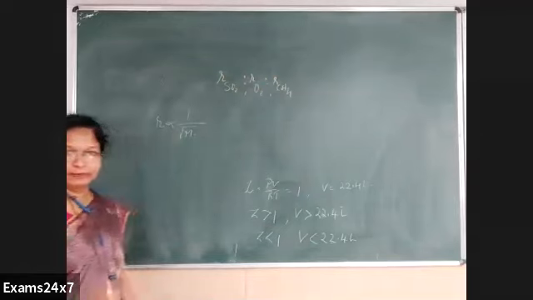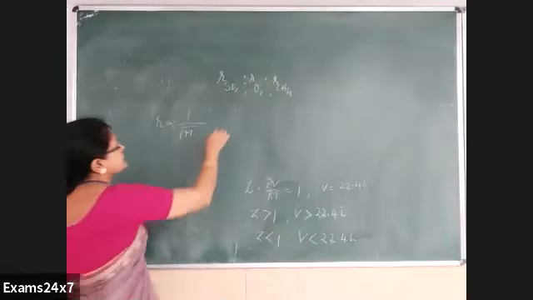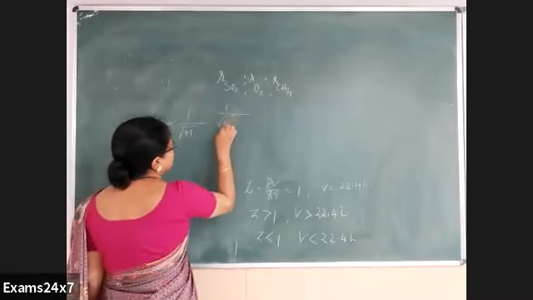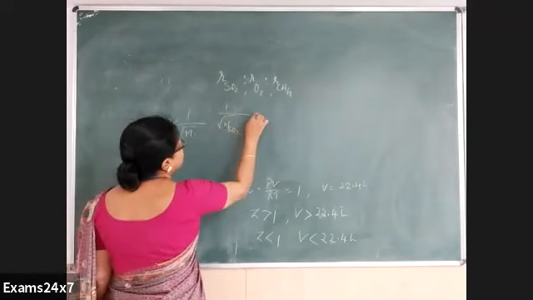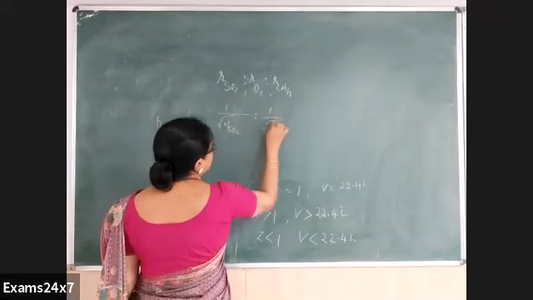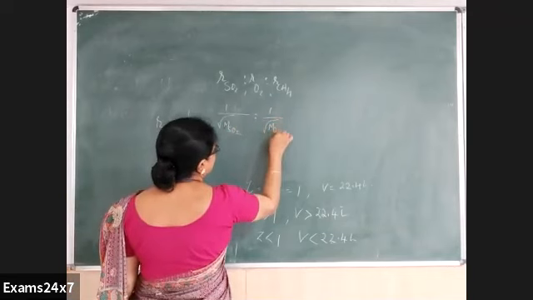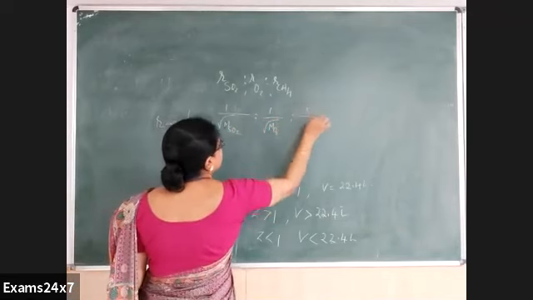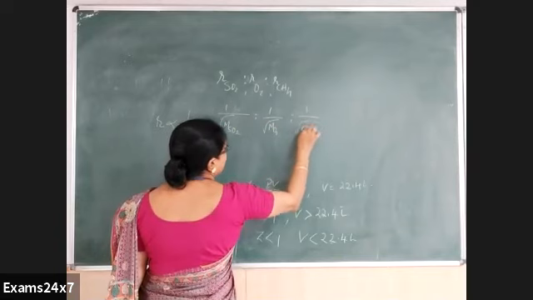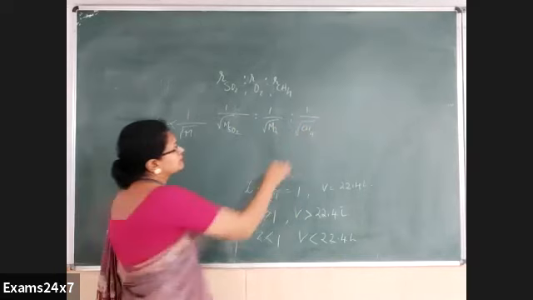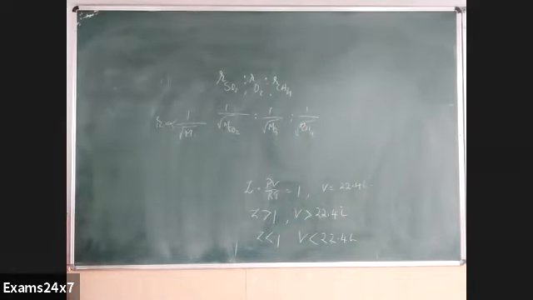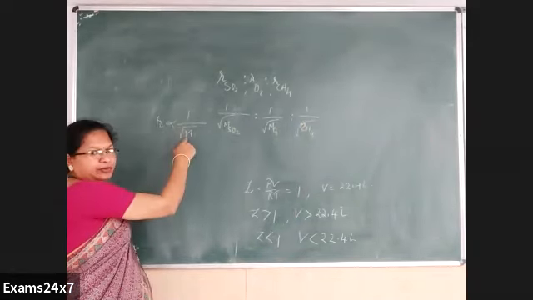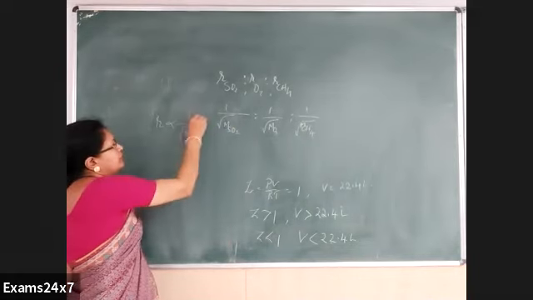Can I say this as 1 by square root of molar mass of SO2 is to 1 by square root of molar mass of oxygen is to 1 by square root of molar mass of methane? Correct? Rate of diffusion is proportional to 1 by square root of M. From here.